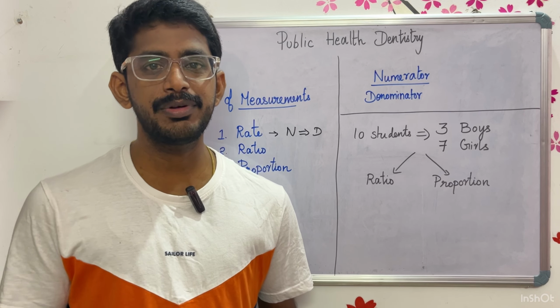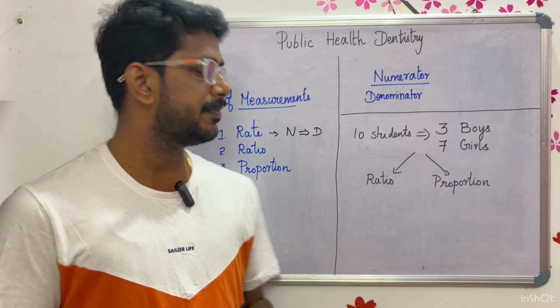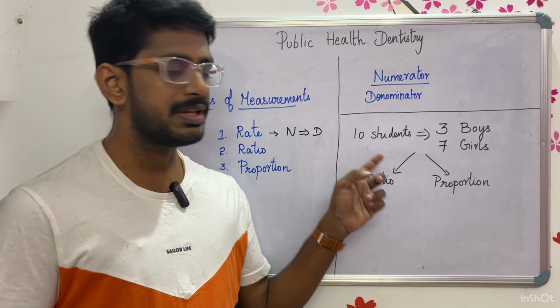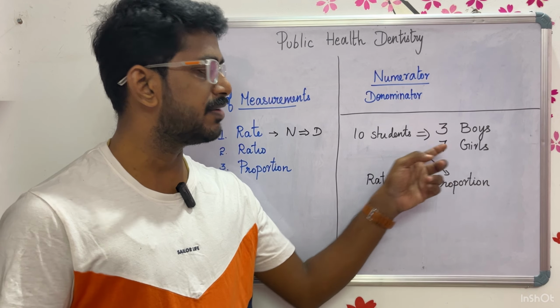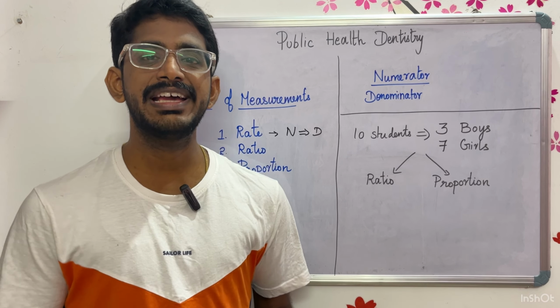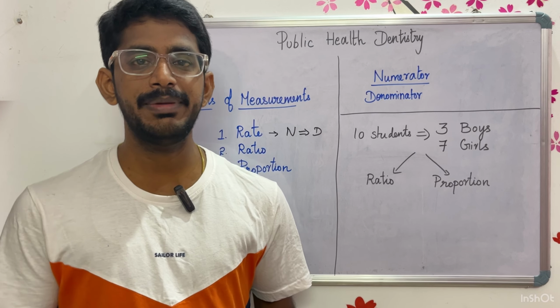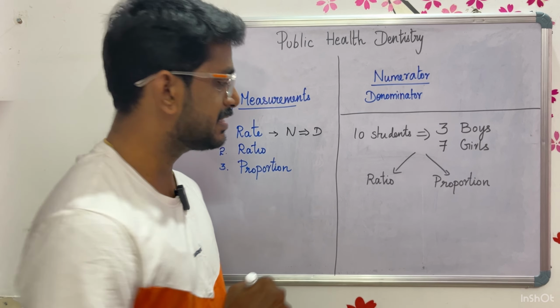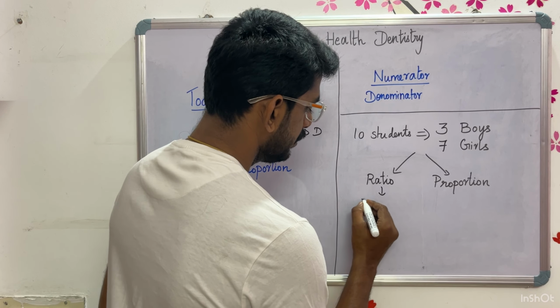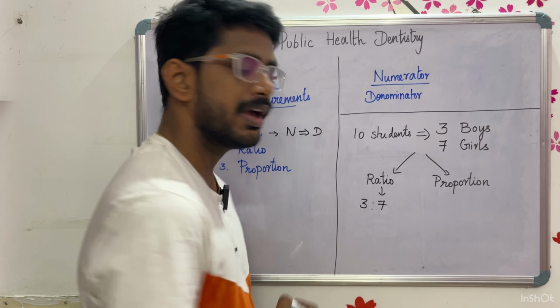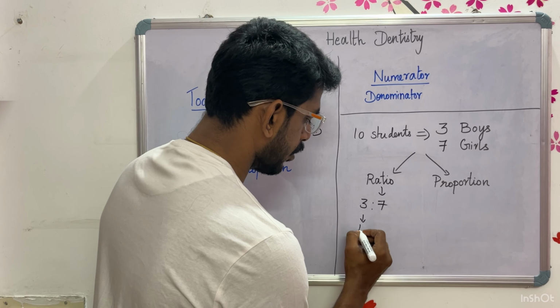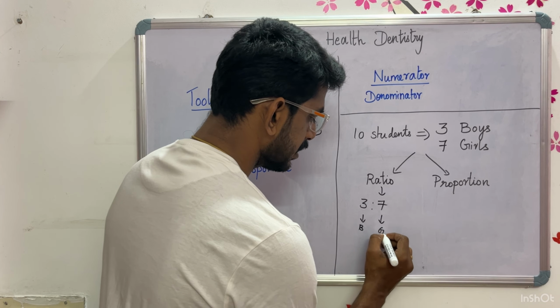Let us take an example for a class where there are 10 students and 3 of them are boys and 7 of them are girls. So how to express this as a ratio? We can express this as male to female ratio. Okay, so we can write it as 3 is to 7.